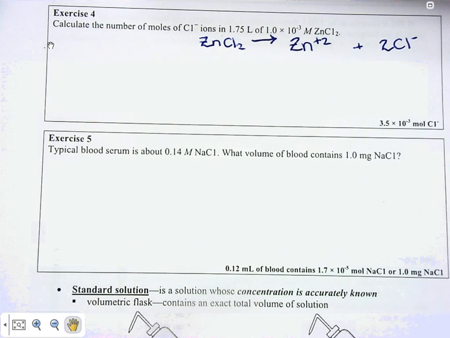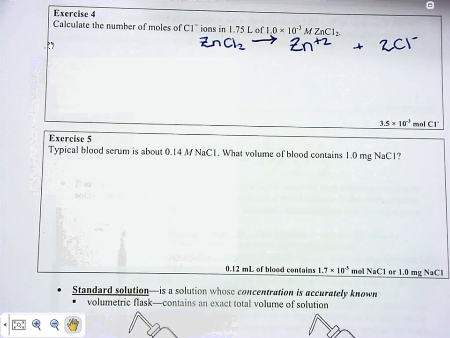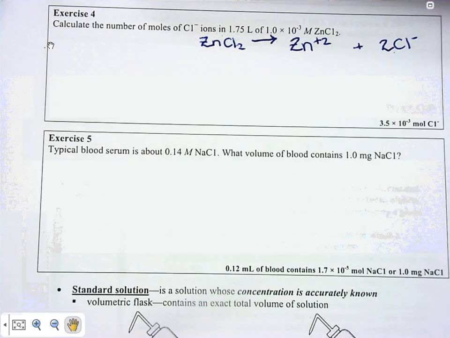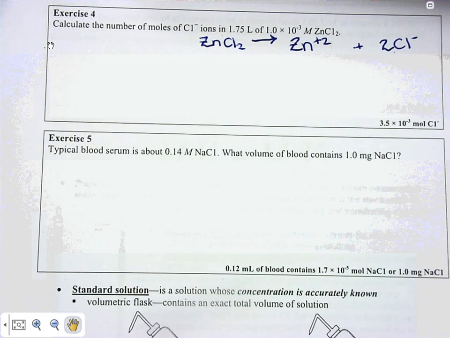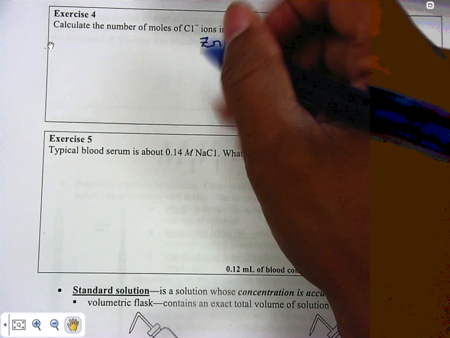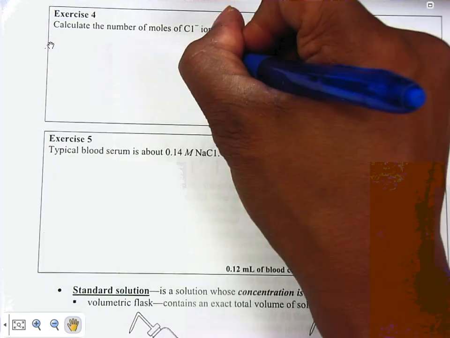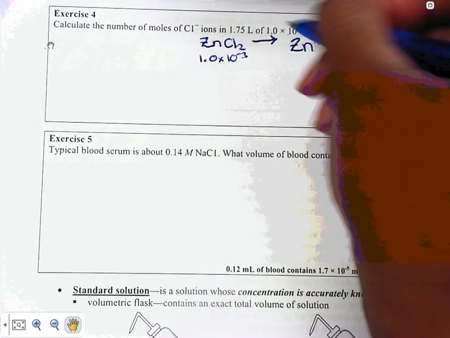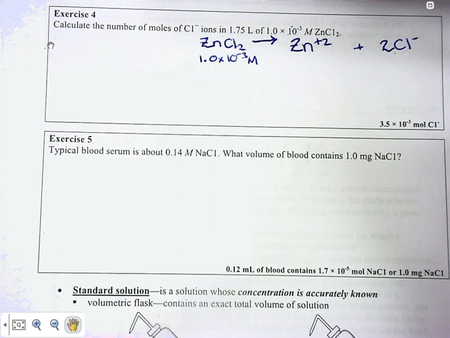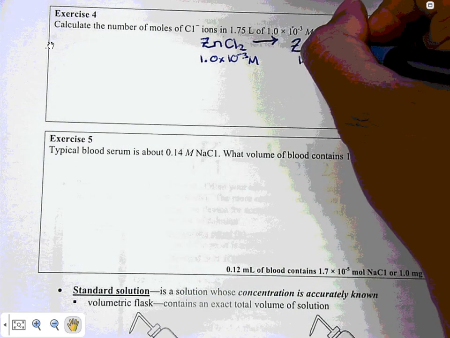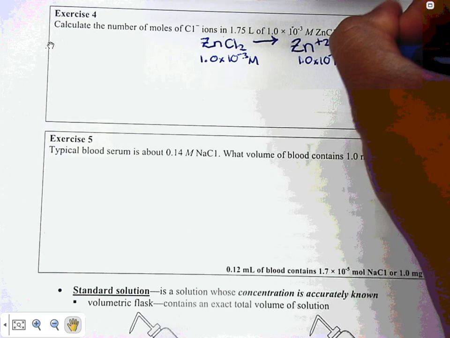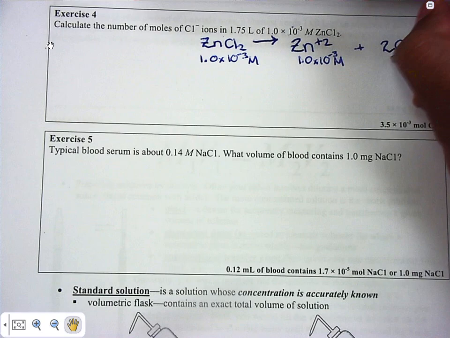So we have 1 zinc, 2 chloride ions, and what that means is because there's 2 chloride ions, whatever the molar concentration is of this guy is, it actually gets doubled on the opposite end. So 1.0 times 10 to the negative 3 molar remains the same for just zinc 2 plus, but this concentration doubles here.